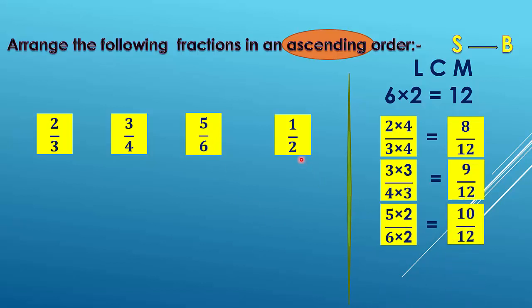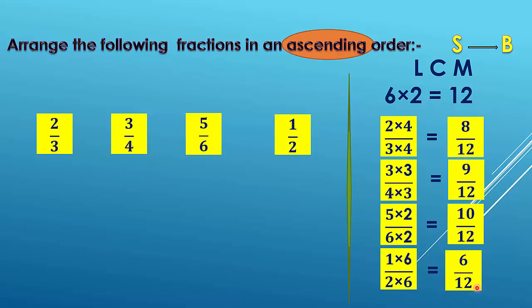And the last one here, 1 over 2, a half. I ask myself, 2 times what equals 12, teacher? 2 times 6. So I will multiply by 6 up and down. 1 times 6, 2 times 6 equals 6 over 12. Here, my students, I have all denominators 12.